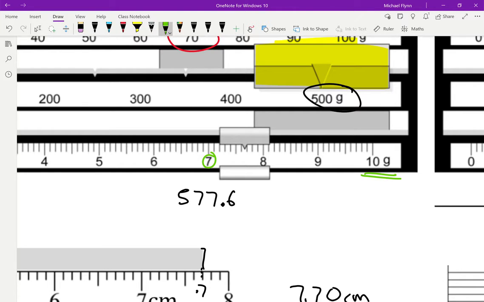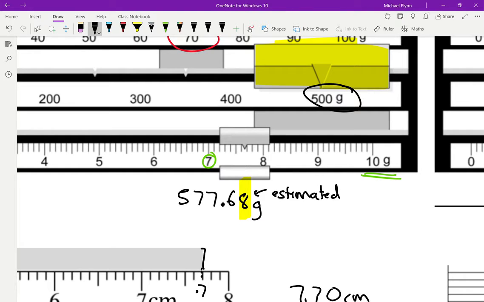It's closer to 0.7. So I'm going to write 0.68, and that whole thing's in grams, of course. I'm going to highlight that number 8 for you. That number is an estimate.